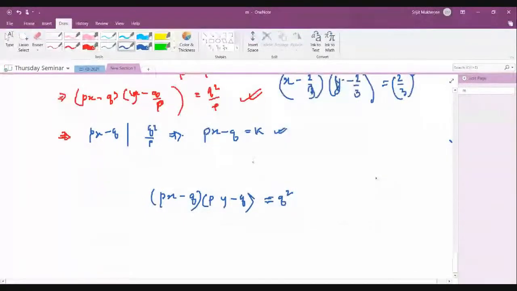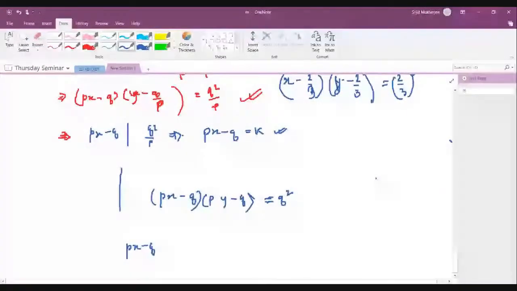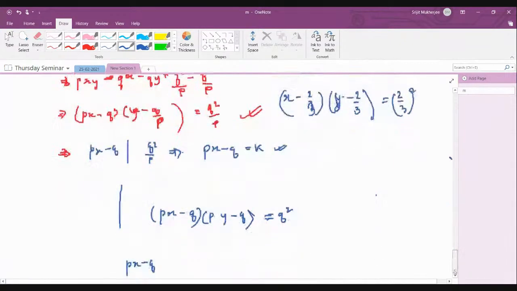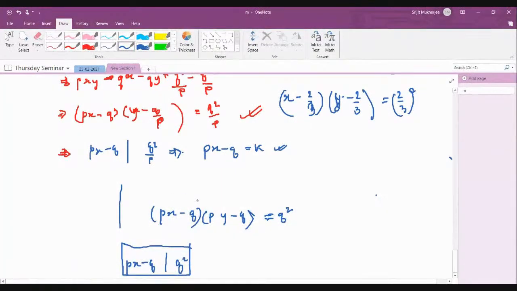And what we are getting here is px minus q... is it really happening like this? I think so. Yes, it's happening like this. P times... so therefore you get px minus q divides q square. Okay.